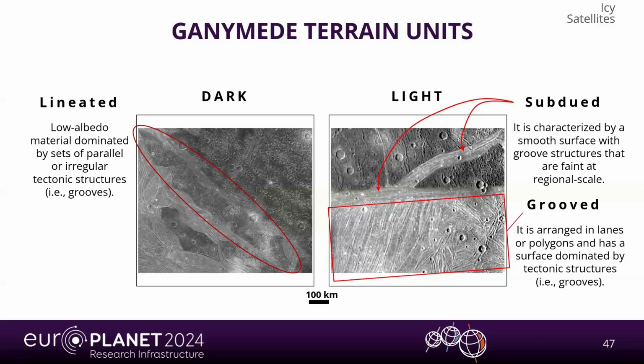Grooves indeed characterize a lot of other light terrain units, but mostly dominate the grooved unit. The subdued unit is arranged in polygons in a similar manner to the light grooved unit, but it is characterized by a smooth surface, also with groove structures, but that are more faint or undetectable at the kilometer resolution.